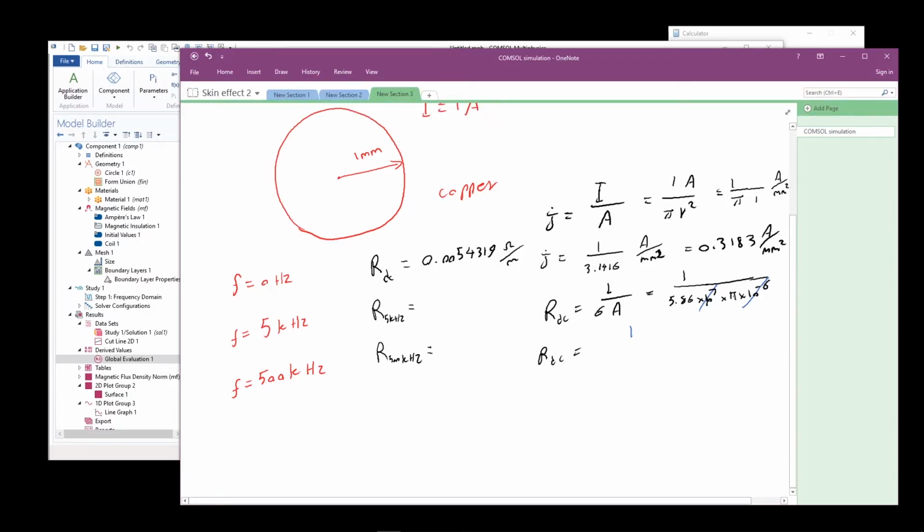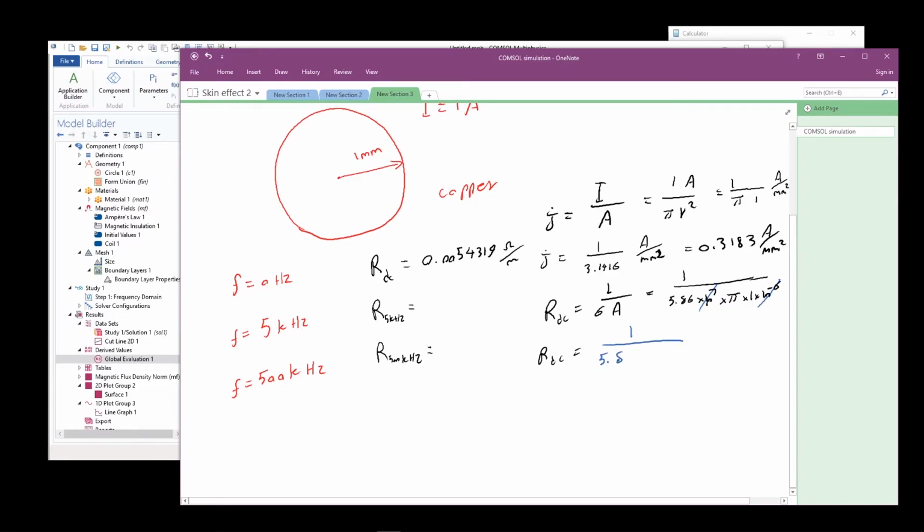So pi multiply 10 power minus 6, which is 1 actually, 10 power minus, or maybe I erase this one. It's pi times 1 times 10 power minus 6, and then we can now get rid of this, so that will be 10.